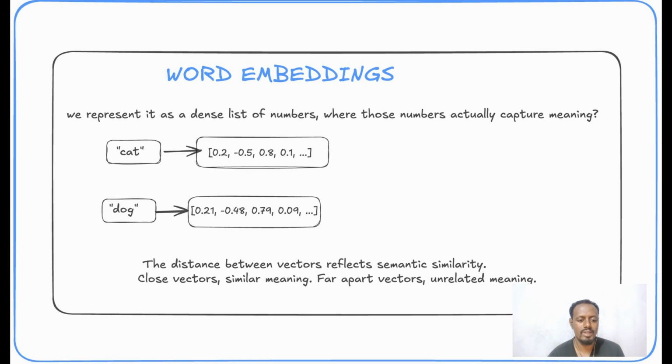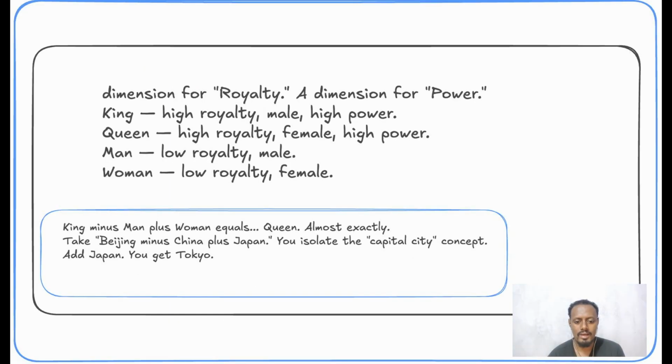Now, here is a beautiful part. Think about it with Excel. Imagine a dimension for gender, a dimension for royalty, and a dimension for power. King: high royalty, male, high power. Queen: high royalty, female, high power. Man: low royalty, male.